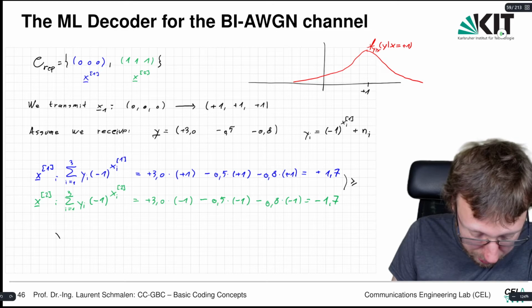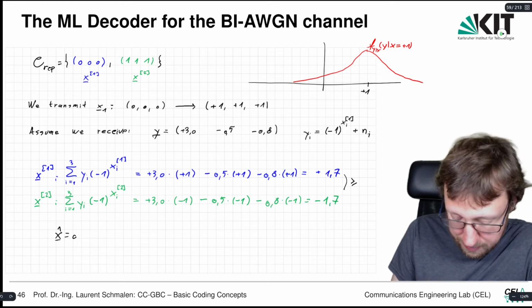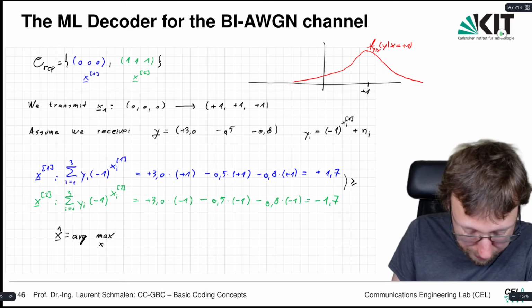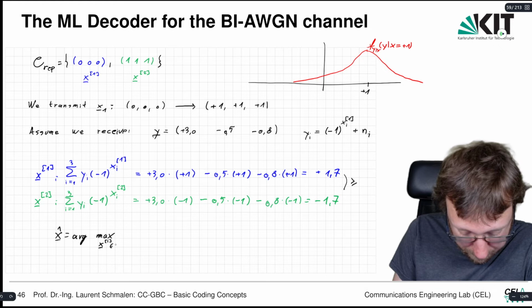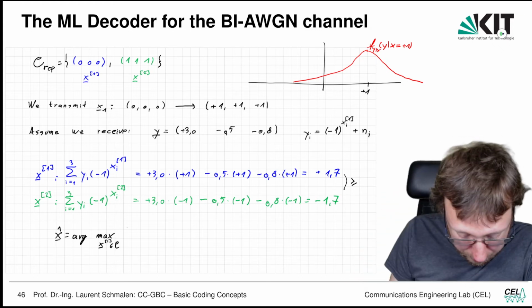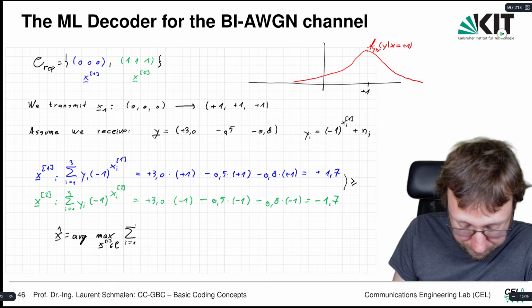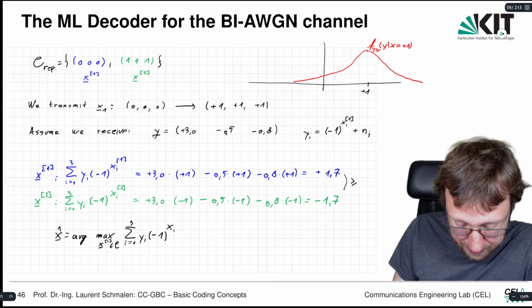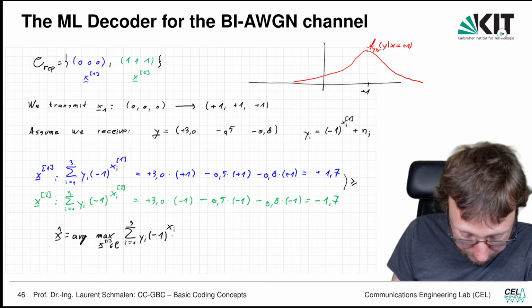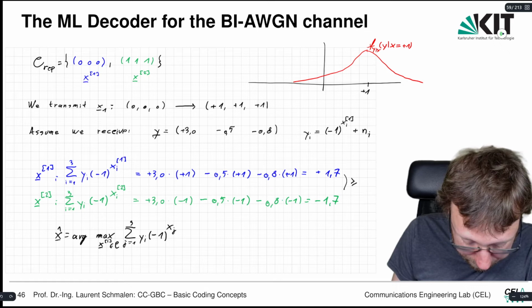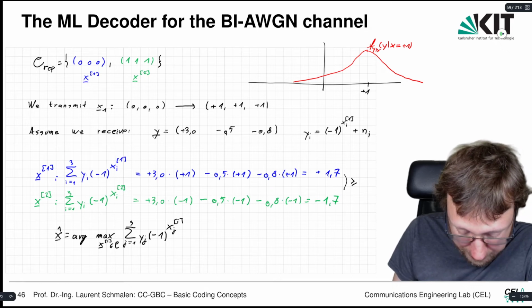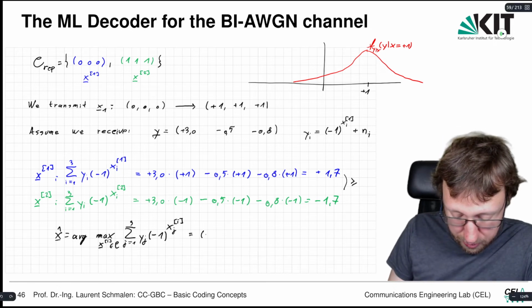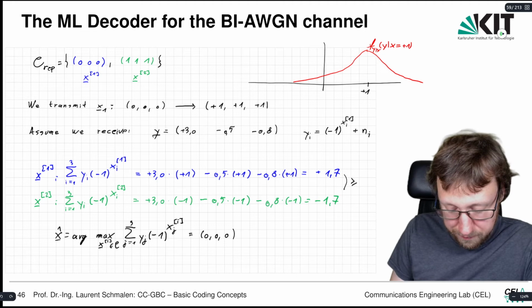So our decoder yields the argmax over all code words xj of the correlation of yi times (-1)^(xji), and this is equal to 0, 0, 0.